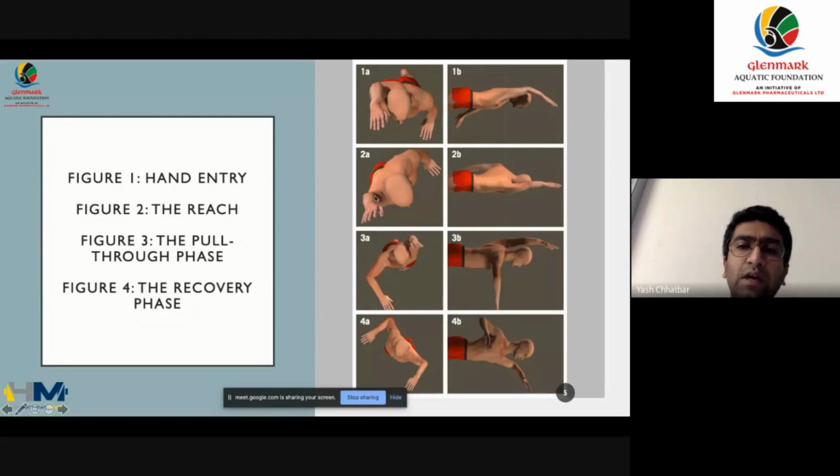Over here, I want you to understand that if your thoracic mobility and lumbar mobility are restricted, then you have a reduction in the body roll, which will be compensated by the shoulder. If the body roll is not ideal, the shoulder will take more of a hammering in terms of cutting the water.